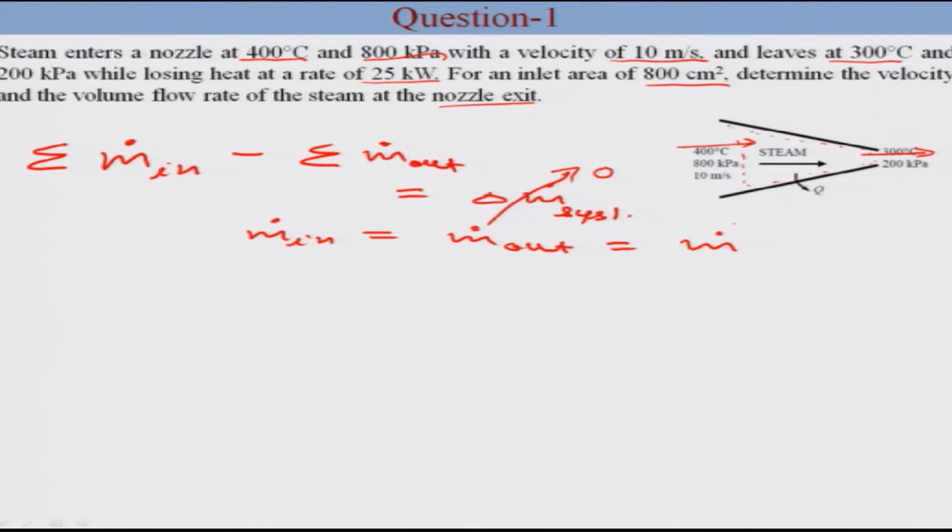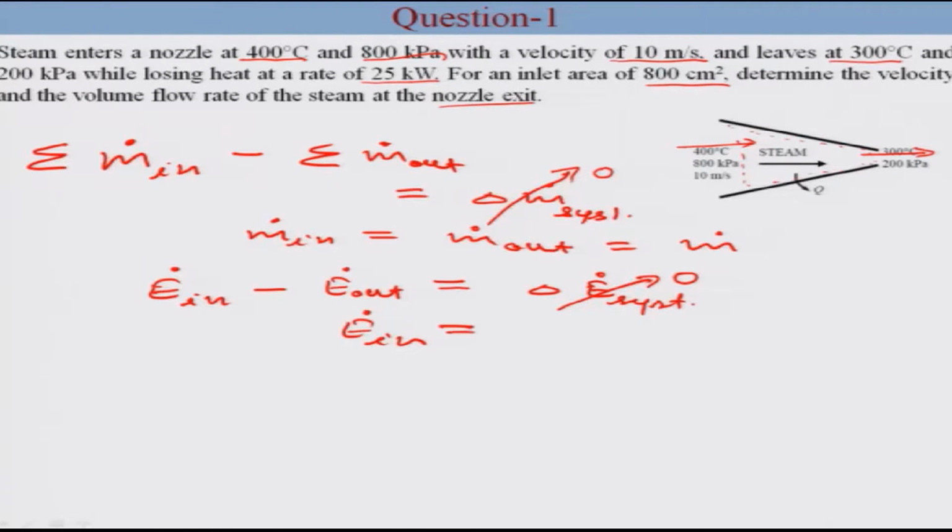Now from the energy balance on this system, we get rate of energy in minus rate of energy out will be equal to change in energy of the system. Since this is a steady state process, it will be 0, and from here we get rate of energy in will be equal to rate of energy out.